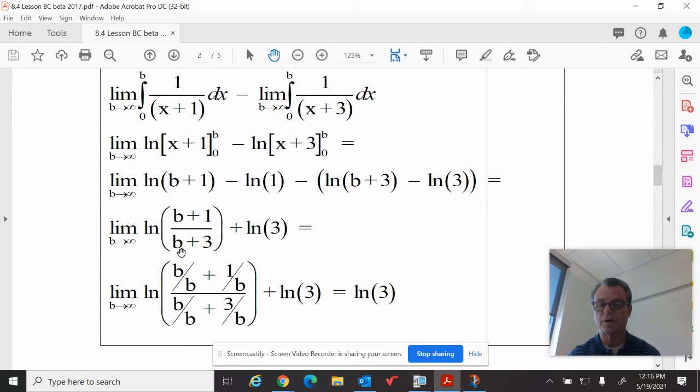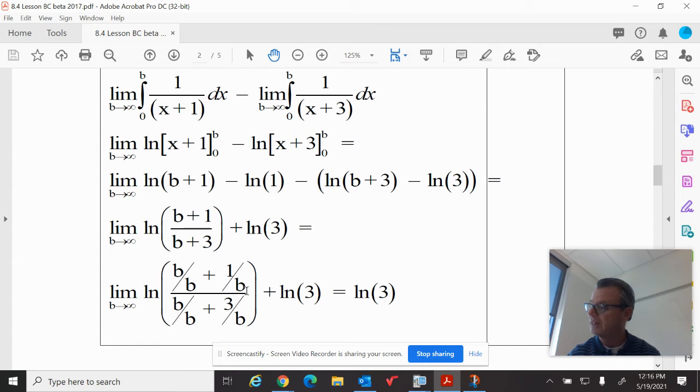And you bring the subtraction over here and put it in the denominator, b plus 1 over b plus 3, plus ln 3. Which is what? Well, that's going to give you the natural log of this, which is another way of L'Hopital-ing it. What I did was multiply the numerator and denominator each by 1 over b and distribute that. So this would be 1 plus small over large divided by 1 plus small over large. And the natural log of 1 is 0 plus ln 3 gives you ln 3.